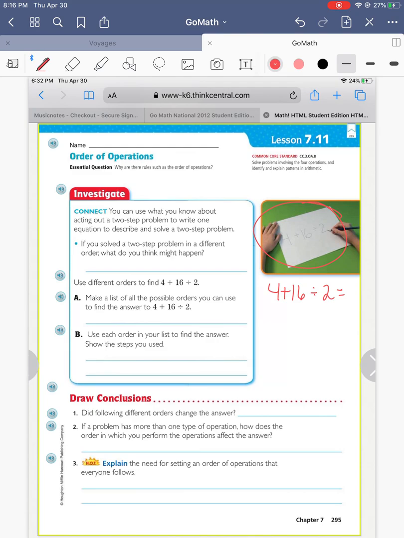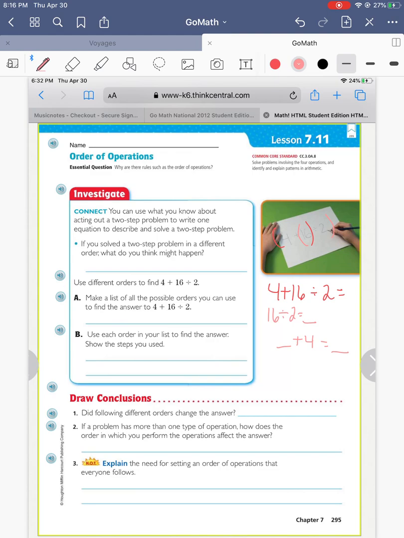If we solved a two-step problem in a different order, what do you think might happen? What they're saying is there's really two problems in this picture, right? There's 4 plus 16, and then there's also a second problem, 16 divided by 2. So what if we did the pink part first? So we did 16 divided by 2, and then got that answer, and then did that answer plus 4.